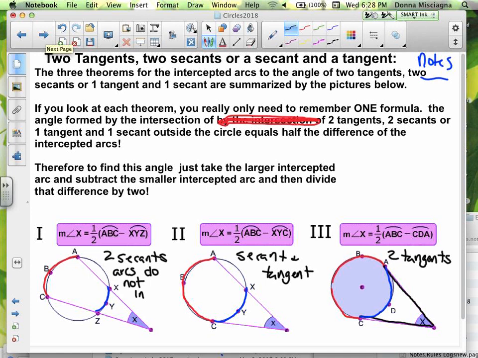The one that's closer to the angle will always be a minor arc. The other one is almost always a minor arc, but that's not really that important. But the arcs do not intersect. If we look at the secant and the tangent, those arcs intersect in one point.